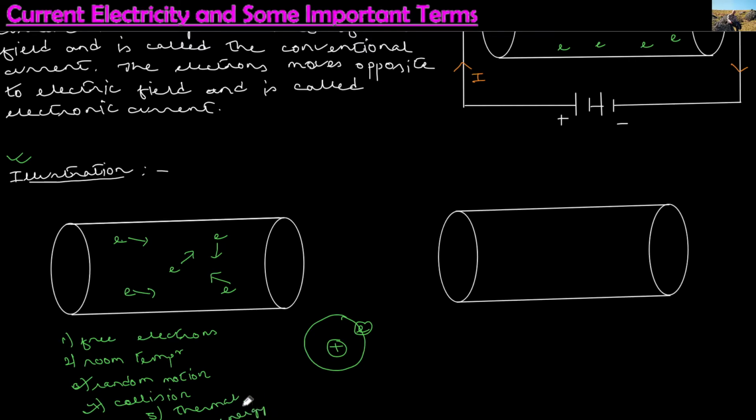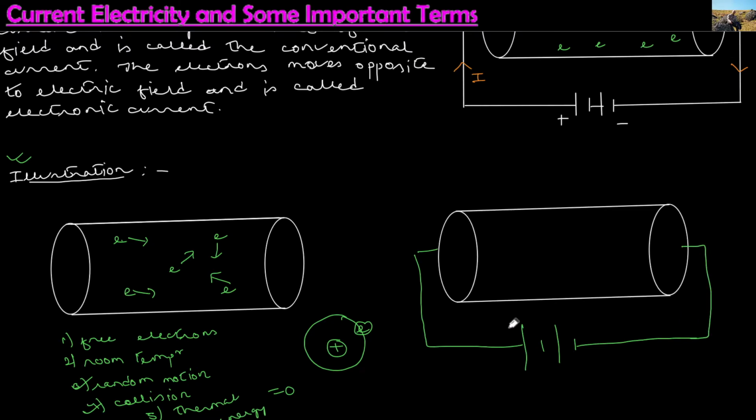But due to the random motion of the electrons, the average thermal energy of a conductor at room temperature will be equal to 0. Now, when you connect this wire across a voltage source in the form of a battery, what will happen?